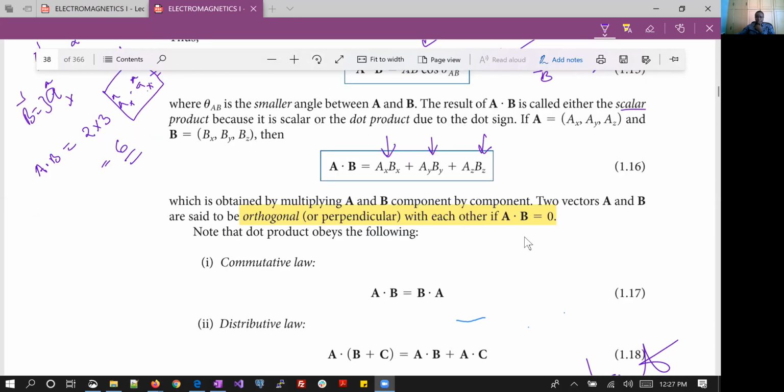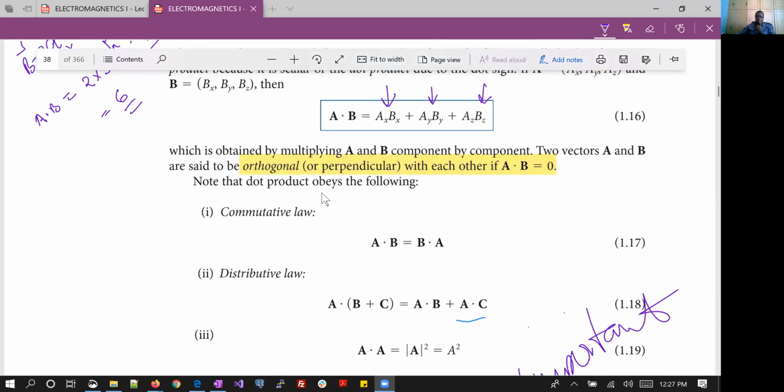Before we do that, we say that two vectors A and B are said to be orthogonal with each other if the dot product is equal to 0. What does that mean? Orthogonal means that they are perpendicular to each other. So this is A and this is B. If the angle between these two vectors is 90, cos of 90 is always 0.